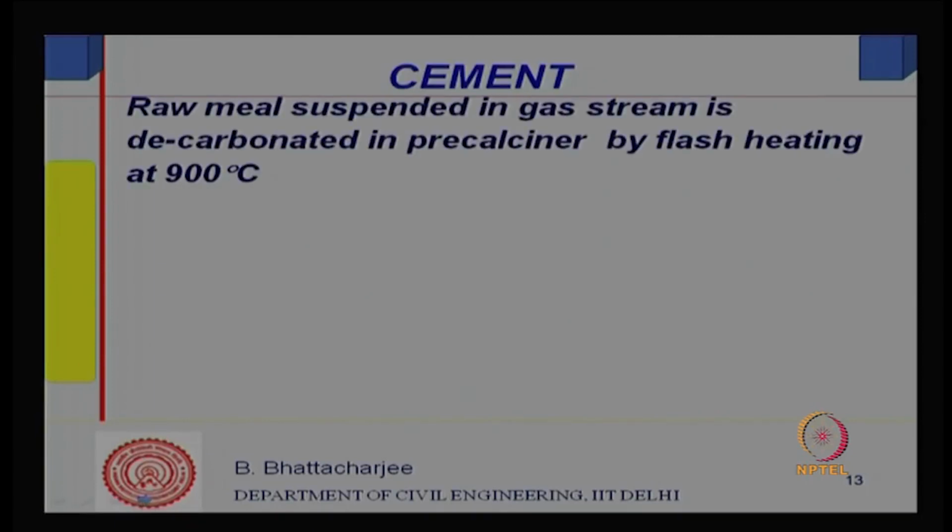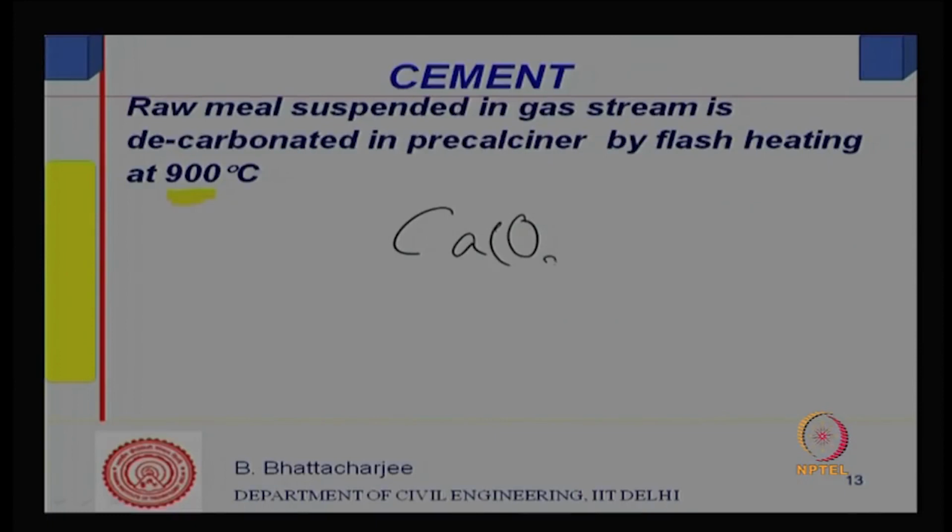There it is subjected to flash heat, a sudden temperature rise to 900 degrees centigrade in a gas stream, and some of the carbon dioxide from the lime is driven out, because you know calcium carbonate is lime, which when you heat would result in calcium oxide and carbon dioxide.